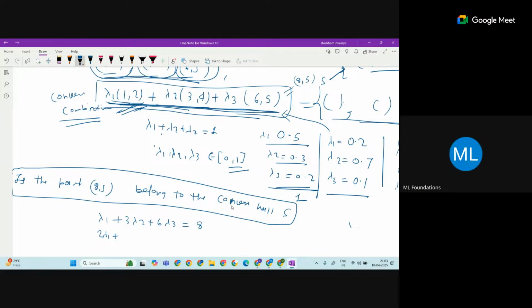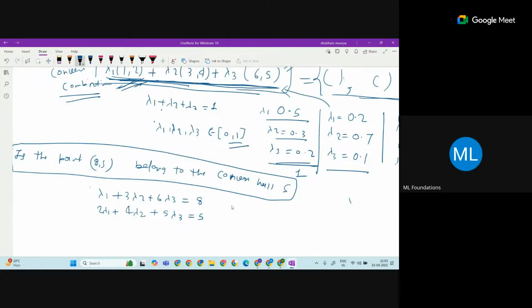Let me do this: 2 lambda 1 plus 4 lambda 2 plus 5 lambda 3 is equal to 5. This is your system of linear equations.